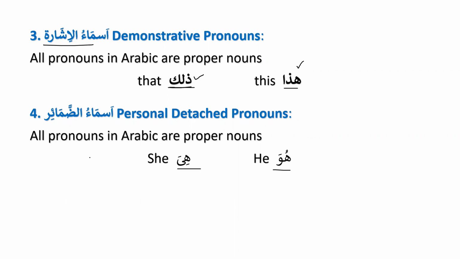Number one, ismun alamun, the name of a specific person, place, and thing. Number two, the noun when we make it definite by adding al. Number three, asma'ul ishara, hadha and dhalika. And number four, asma'ud damair, that means pronouns. And the two pronouns that we are going to learn are huwa and hiya.